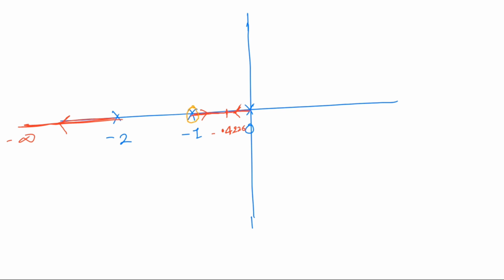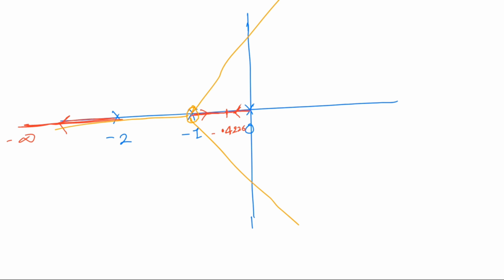From here we are going to draw the three asymptotic angles. The first one is 60 degree, the other one is 180 degree, and the third one is 300 degree. So these three asymptotic angles we have drawn over here. We draw asymptotic angles because we need to find out the three loci going towards infinity. They should go along with the asymptotic angles.